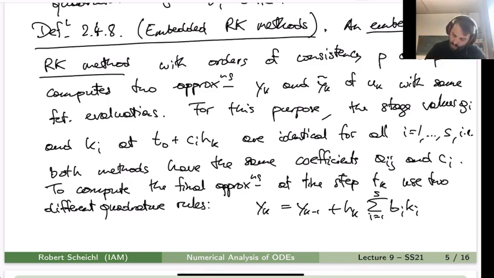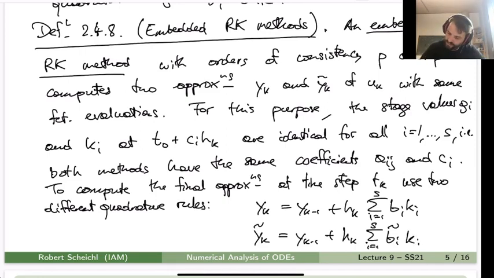And yk tilde is equal to yk minus 1, because they both start at the same point, plus hk sum i equals 1 to s bi tilde ki.